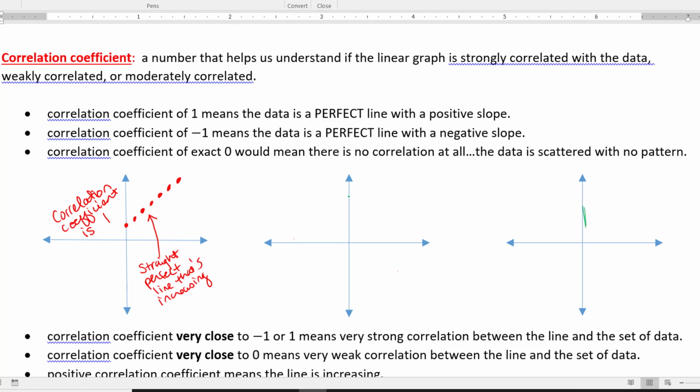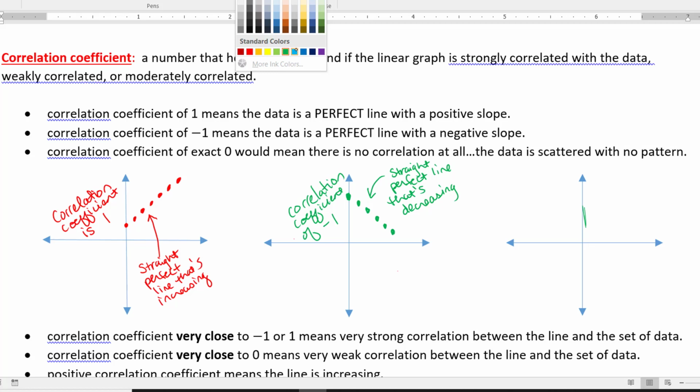If you had a scatter plot after you gathered your data, and your scatter plot was a perfectly straight line that was decreasing, then that scatter plot would have a correlation coefficient equal to -1.